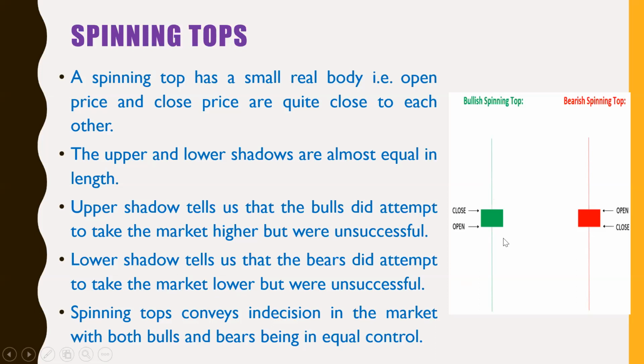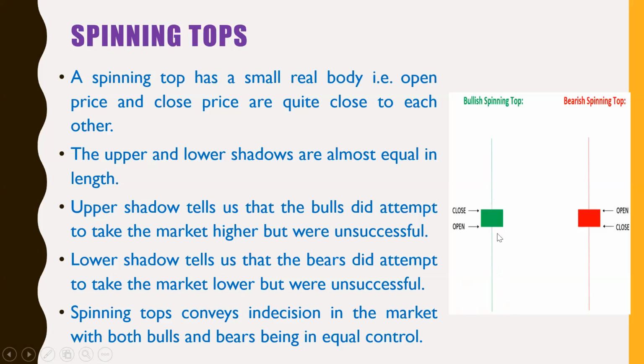What does the lower shadow tell? Suppose the sellers came into the picture and brought down the price. Then at some point the buyers came into the picture again, and after it reached there, they moved strongly all the way up.